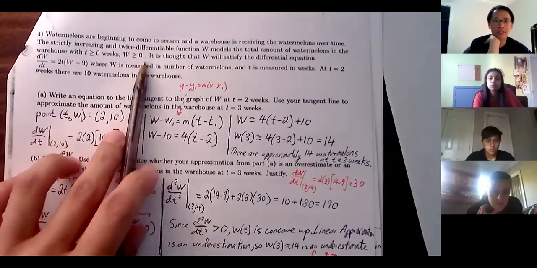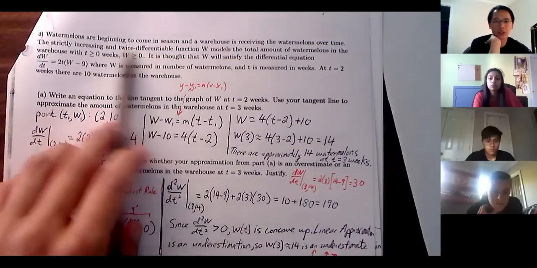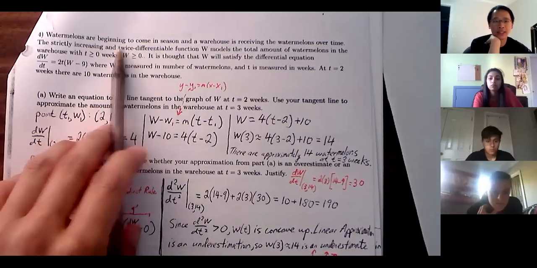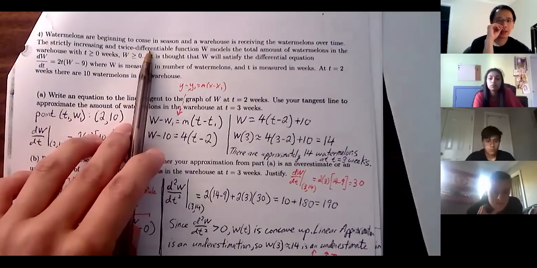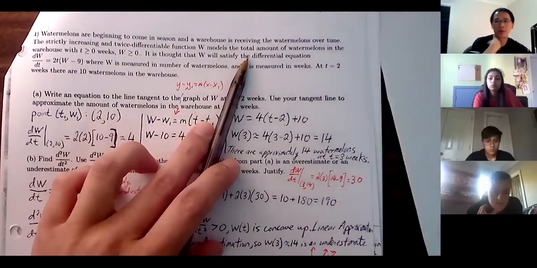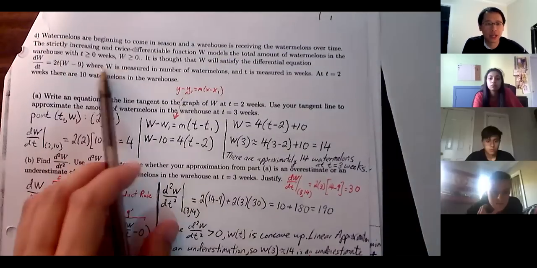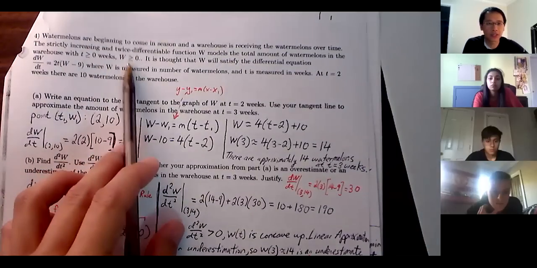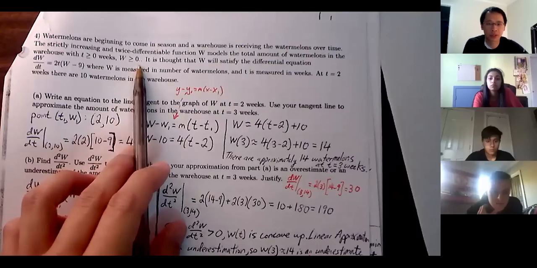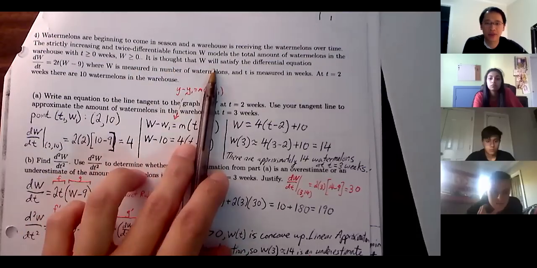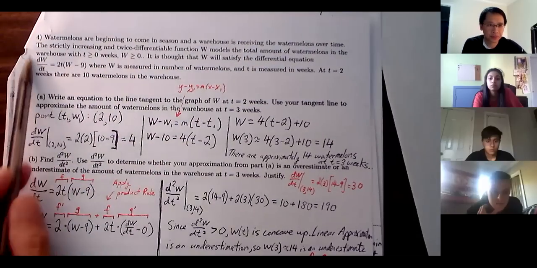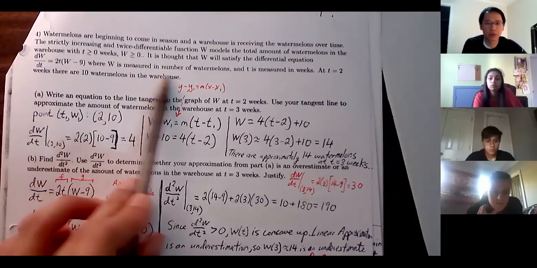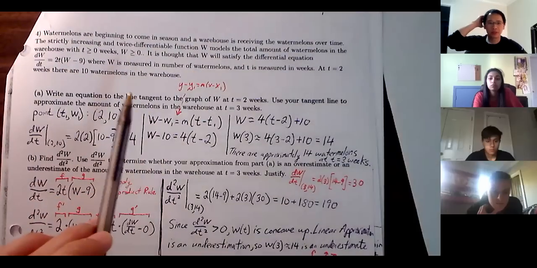We have a strictly increasing twice differentiable function, so that just means a smooth curve. It models the total number of watermelons in the warehouse when t is greater than or equal to 0 weeks, and w is greater than or equal to 0. It is thought that w will satisfy the differential equation, where w is measured in watermelons and t is measured in weeks.